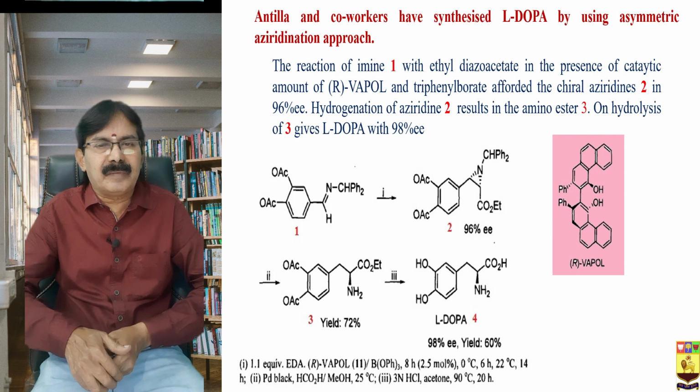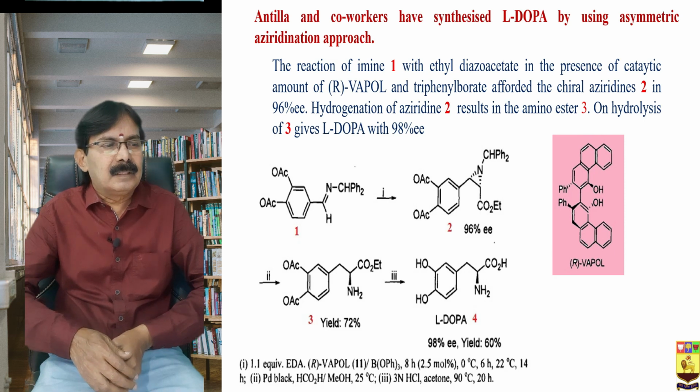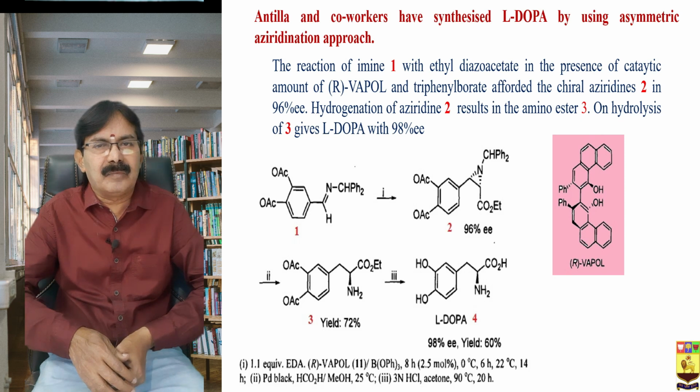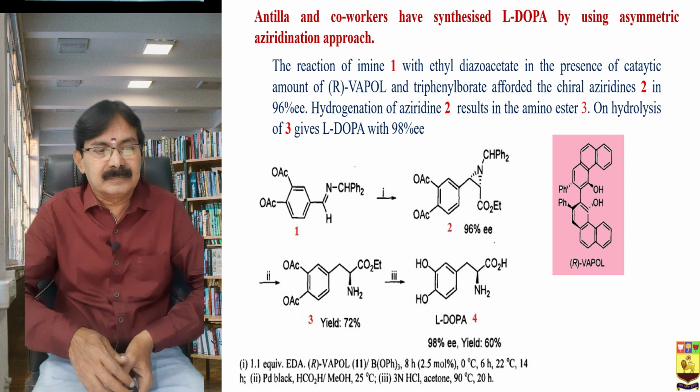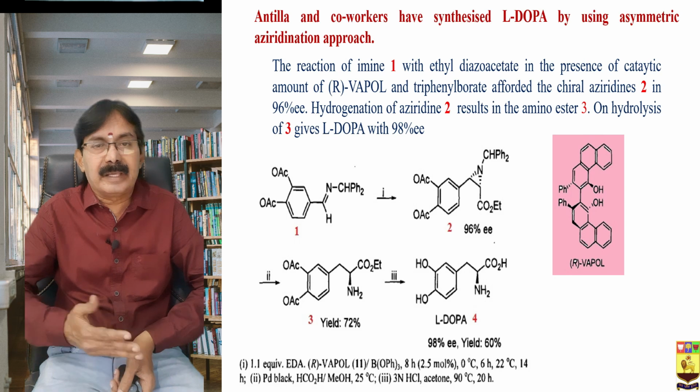Then hydrogenation of aziridine 2 results in the amino acid 3, and hydrolysis of 3 gives L-Dopa with 98% enantiomeric excess. So, I have given the scheme.